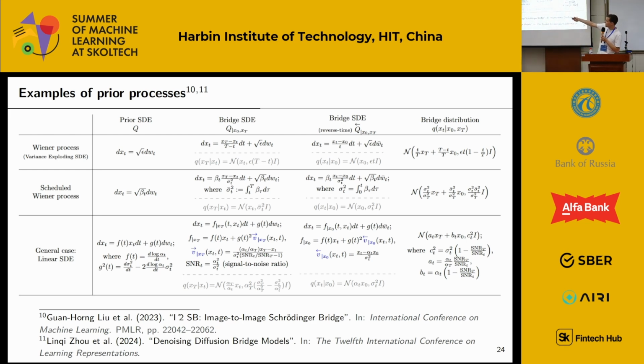The scheduled Wiener process is basically when you add some noise to your data, but not with a uniform schedule, like some noise of amount 1 per given time moment, but you add a different amount of noise during different time moments. For example, you can add a lot of noise at the beginning, in the middle not a lot of noise, and in the end a much bigger amount of noise, or vice versa.